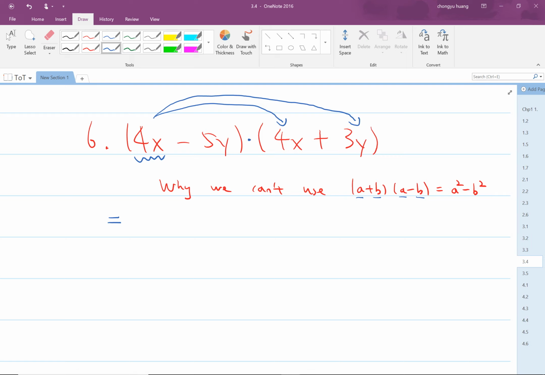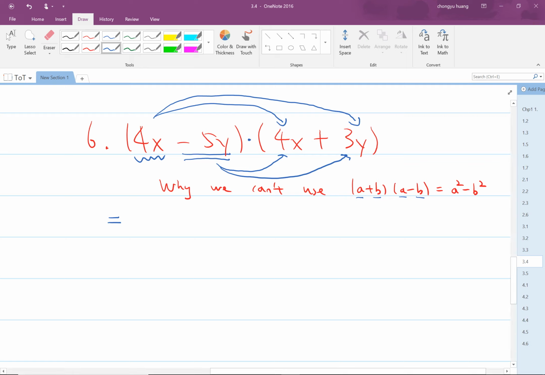And since we have another term, negative 5y, you want to multiply this term with 4x again and then 3y again. That's how you solve this kind of problem. That's the original method for solving this kind of problem.